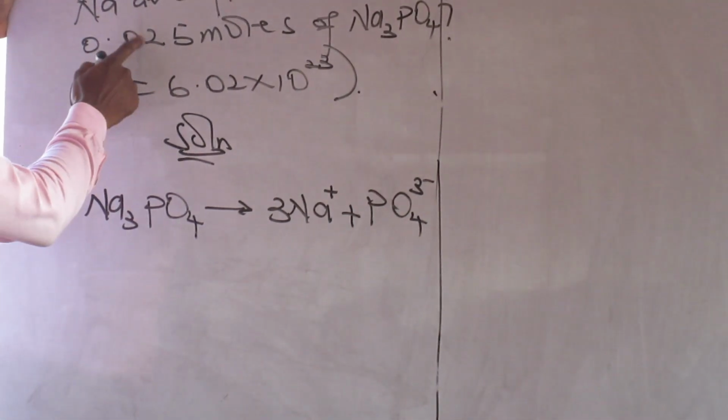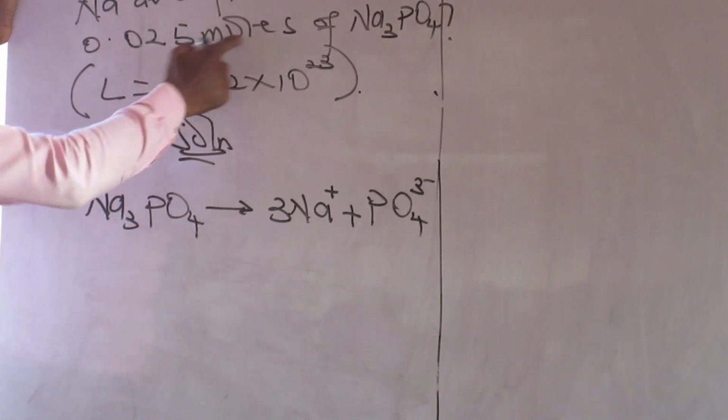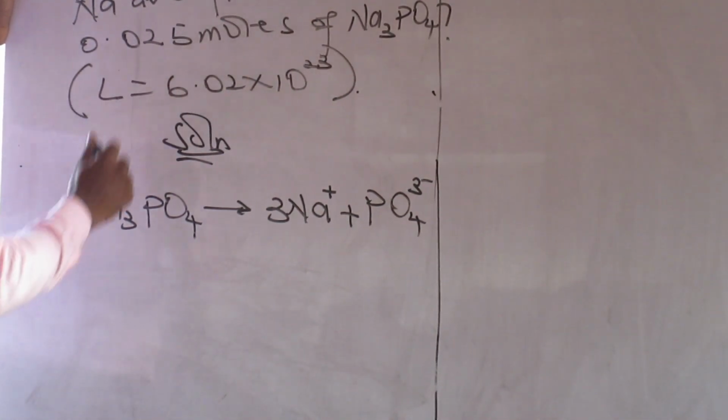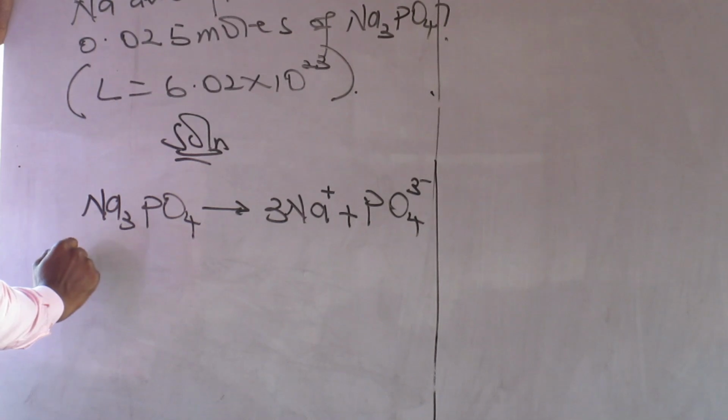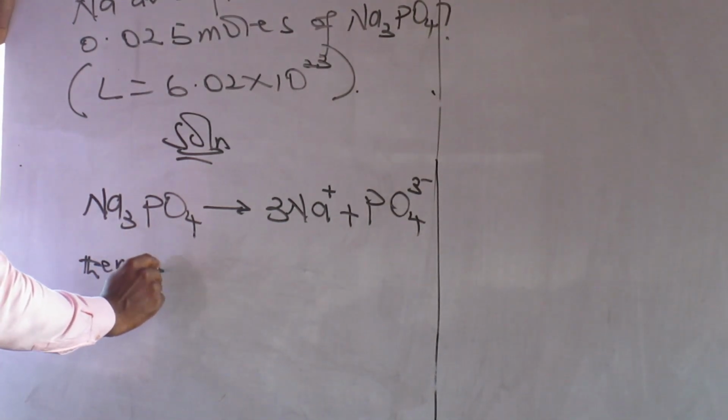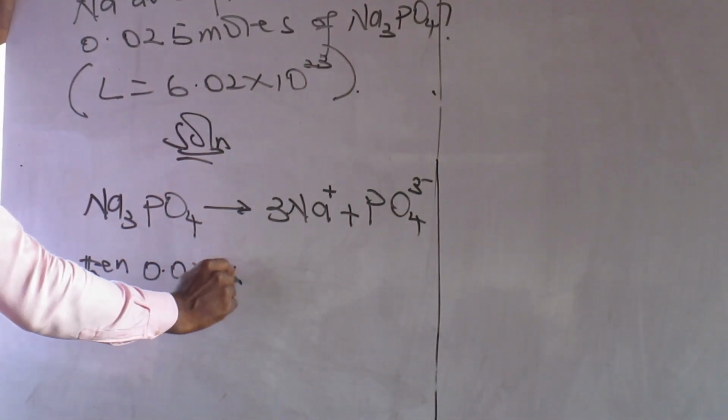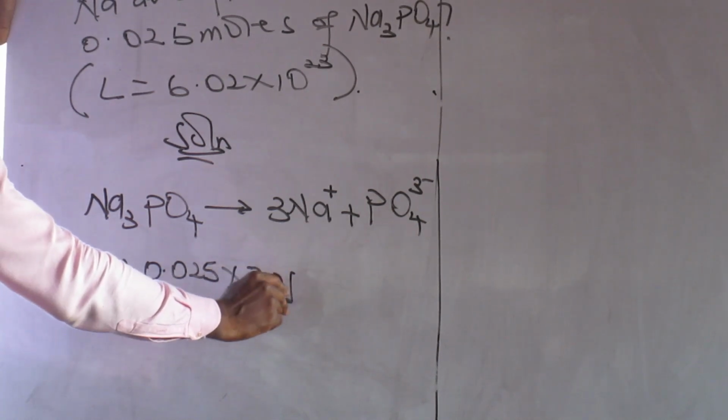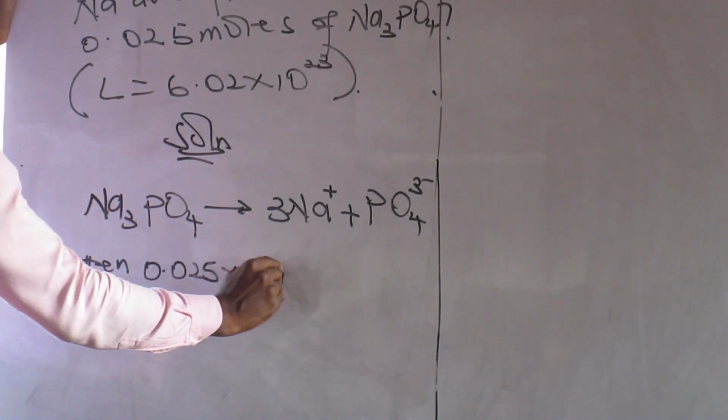So how many of these are present in this? It means one whole of this contains this, right? Then 0.025 by 3 of sodium, right? By 3 moles of sodium. Are you okay?